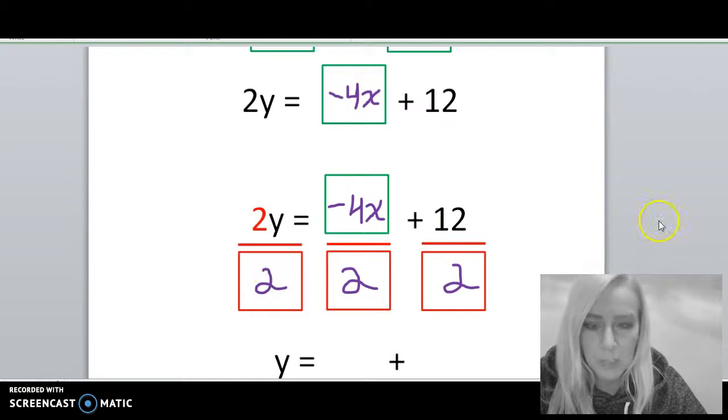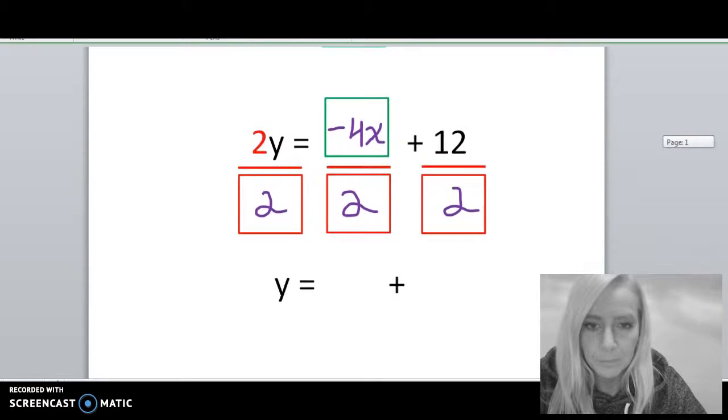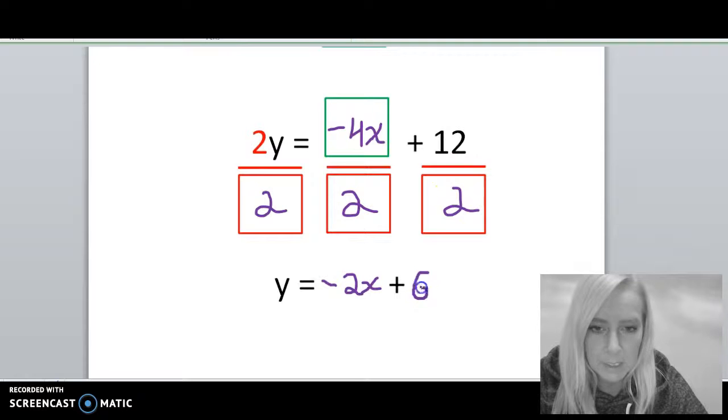The 2's cancel, so I'm left with y equals negative 4x divided by 2, negative 4 divided by 2 gives me negative 2x, plus 12 divided by 2 gives me 6.